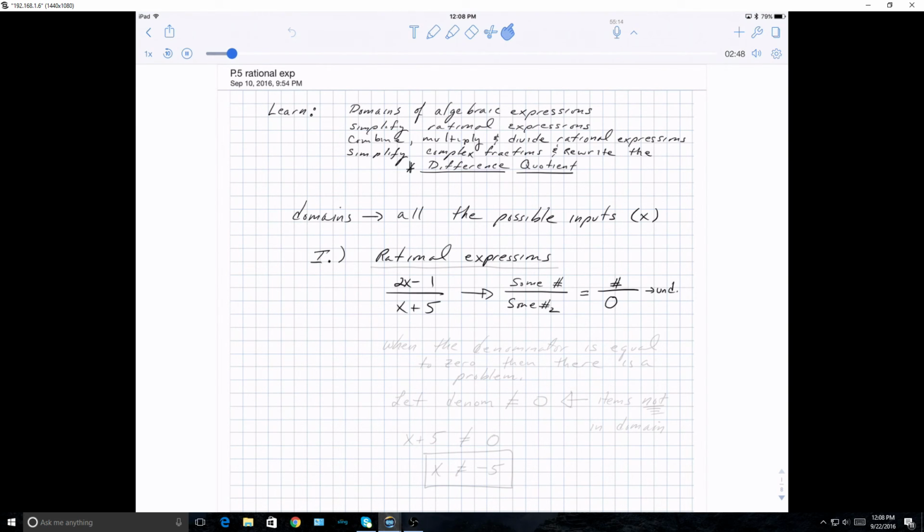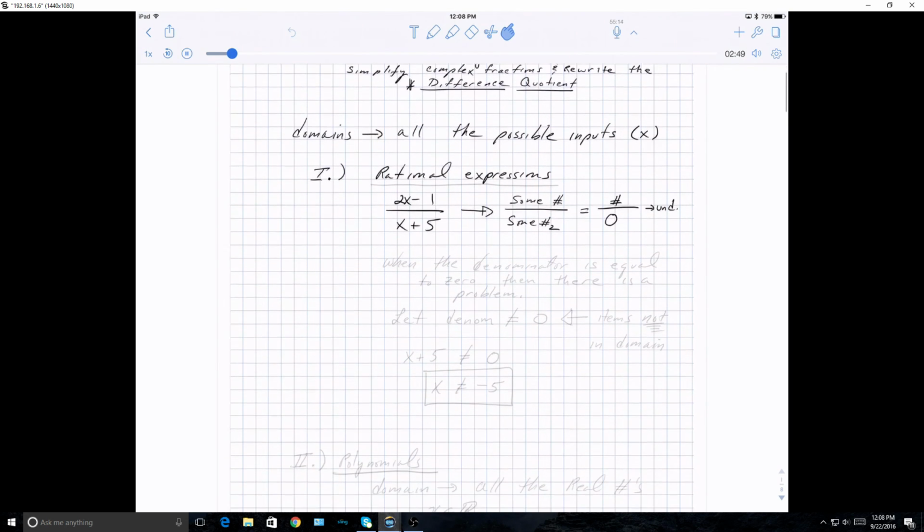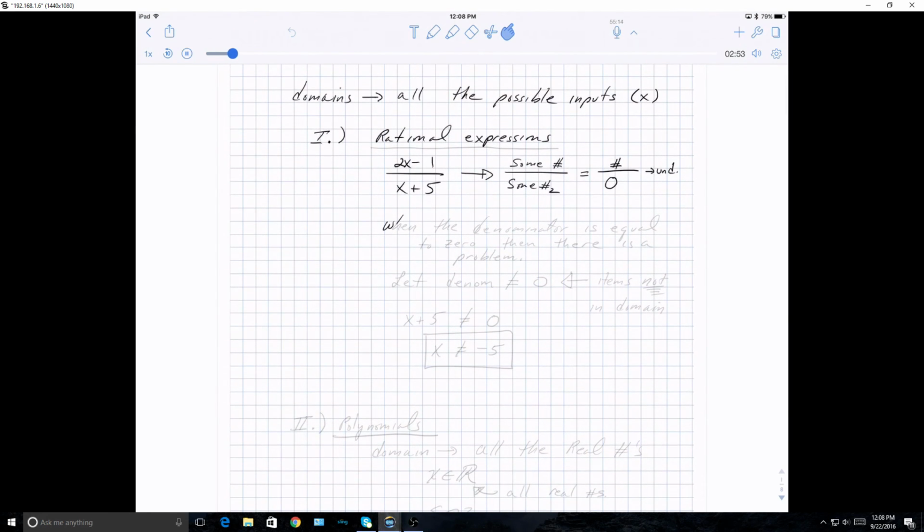So in this case, we only have to know when the denominator is equal to 0, then there is a problem.